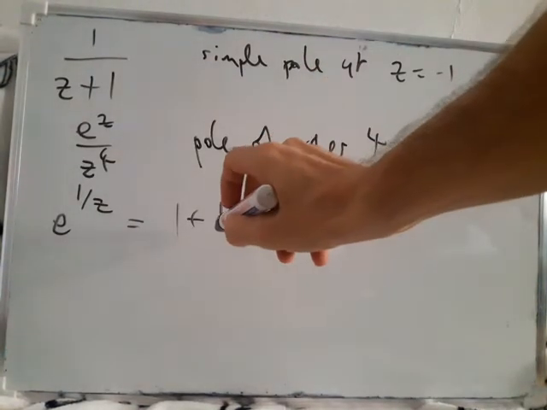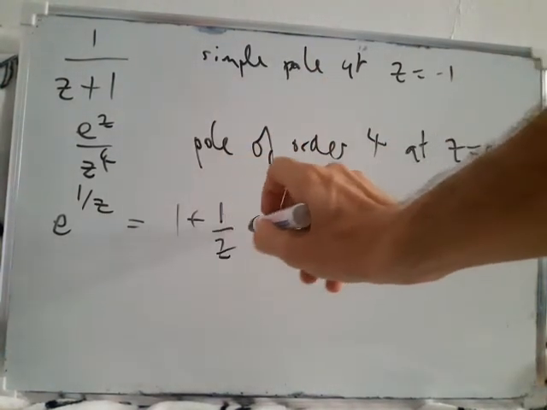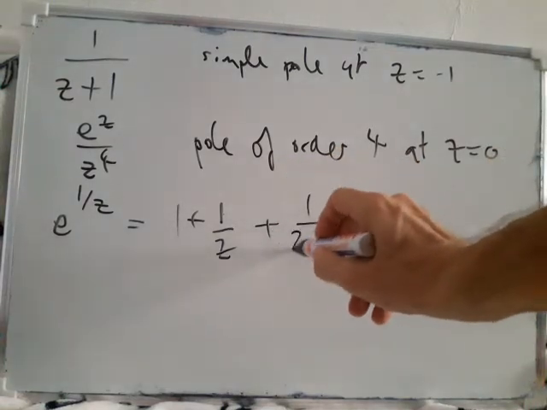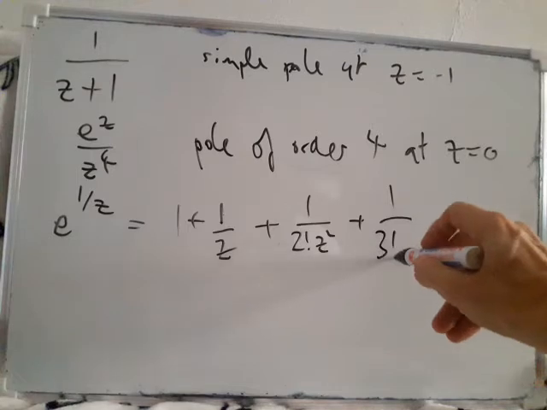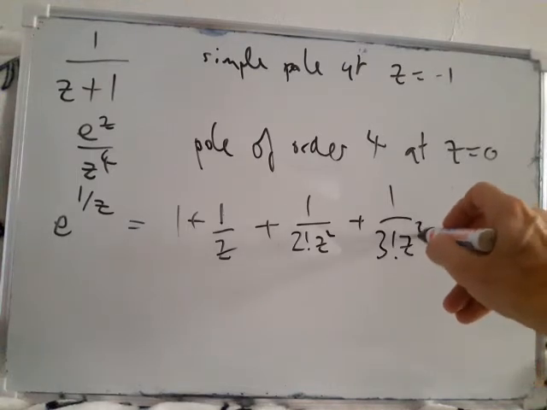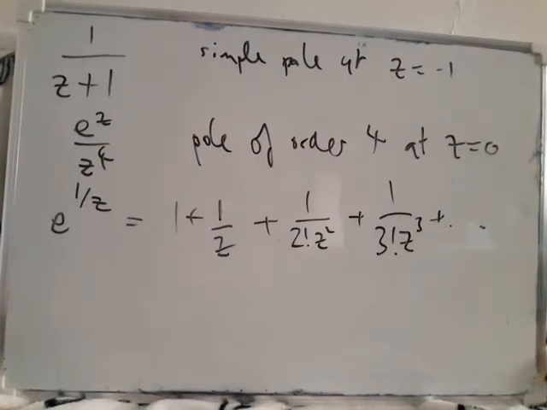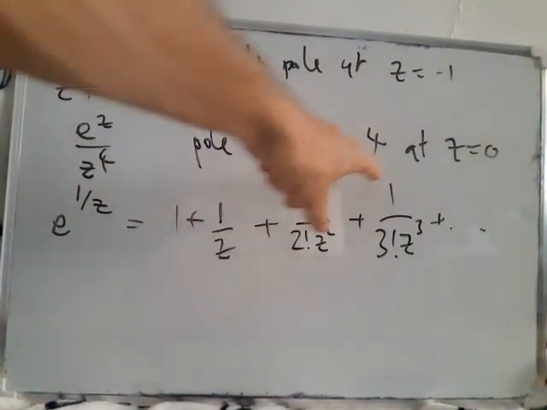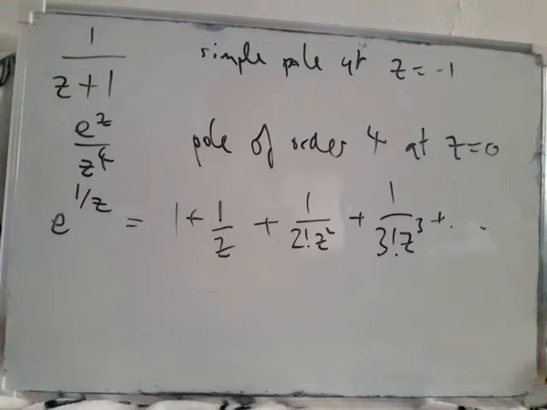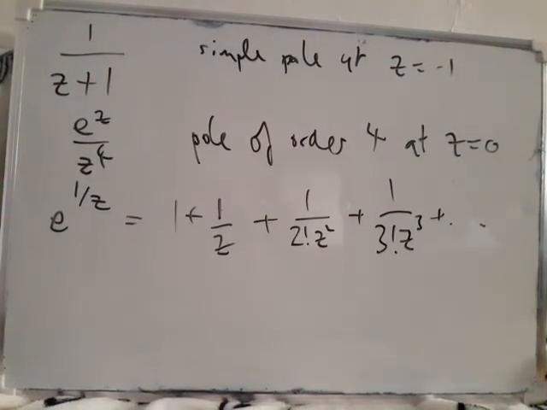Now replace the z by 1 over z and we have this, and so on. So this never ends. This is B1, this is B2, this is B3, and so on. So we'll have infinitely many B's. It definitely is an essential singularity.